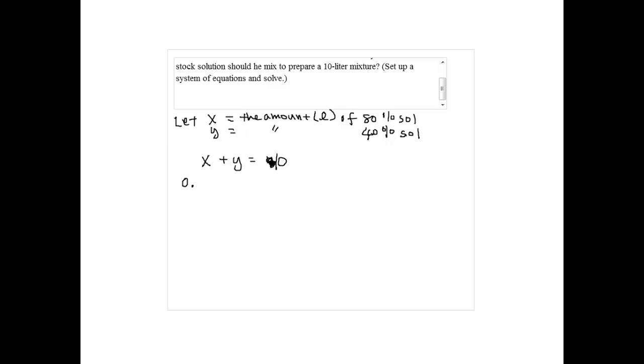And when we multiply 0.8x plus 0.4y equals 10 times 0.48. This will calculate the pure acid in the solution.